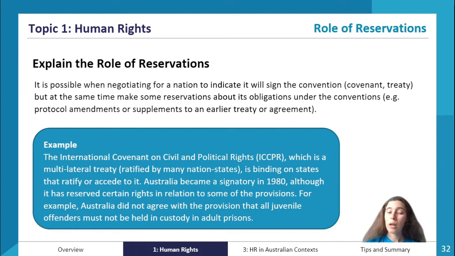So, for example, Australia didn't agree to the provision that all juvenile offenders must not be held in custody in adult prisons. So that's why that still happens in Australia, because we've not agreed to that provision as part of the ICCPR, and that's something that other nation states may disagree with, because they may have not reserved their right to go against that part of the convention.